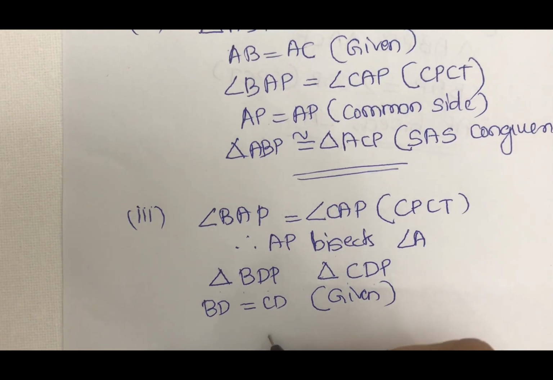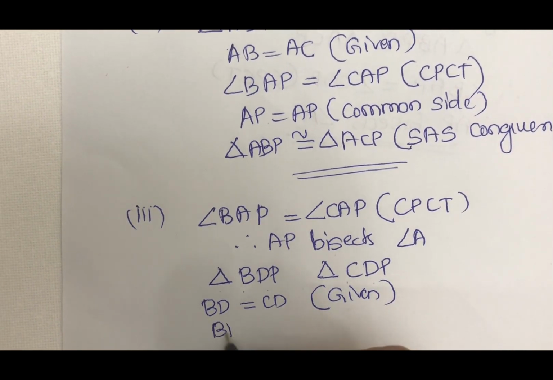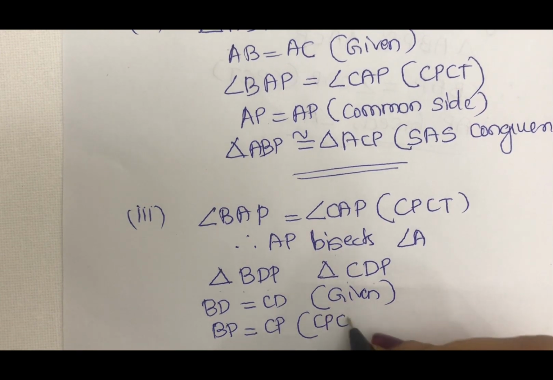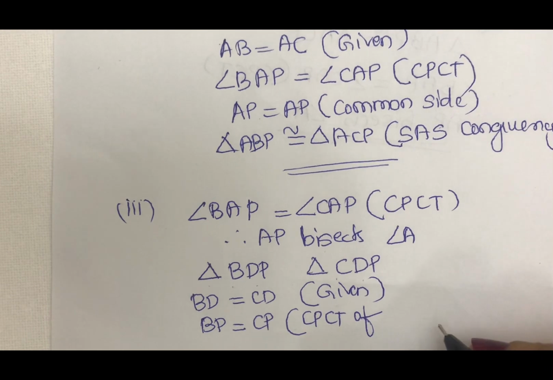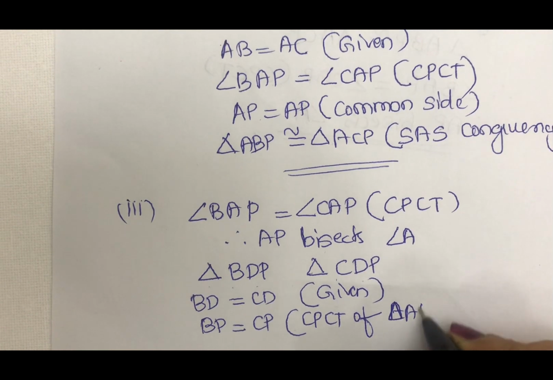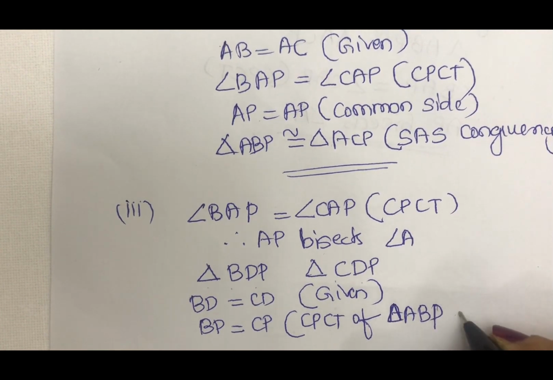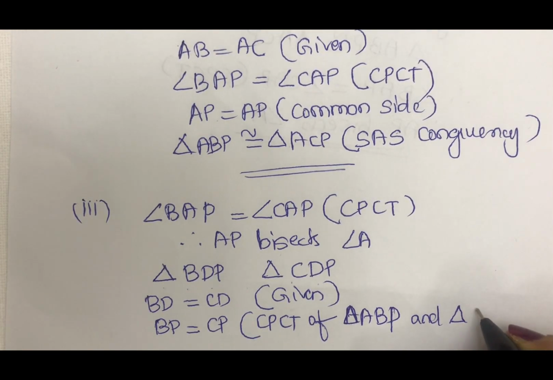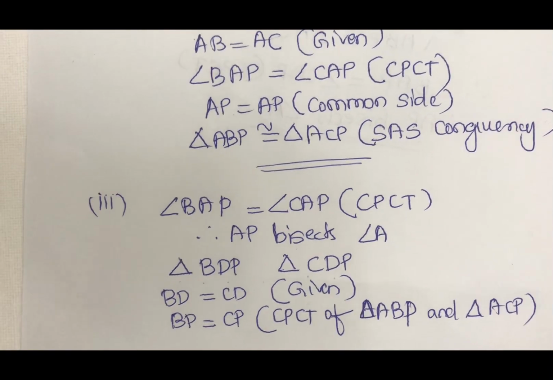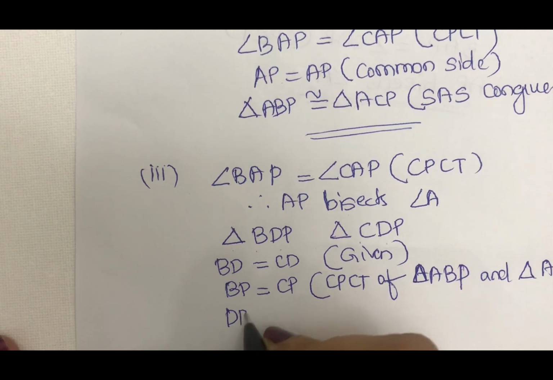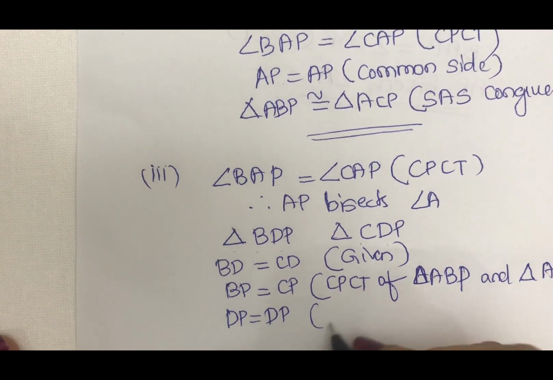And BP is equal to CP, CPCT of triangle ABP and triangle ACP. And then DP is equal to DP, that is a common side.